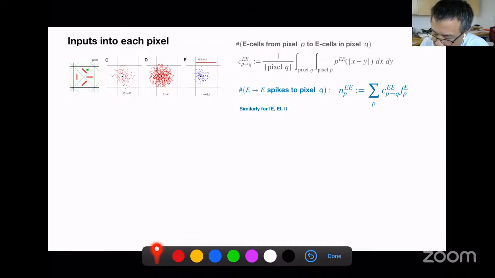So I get an average number, and then the way I can estimate the number of spikes that I receive per unit time is I just do a weighted sum across all the other pixels with their firing rates. And I can do something similar with the other types of connections, I to E, E to I, and I to I. So that part is relatively straightforward.